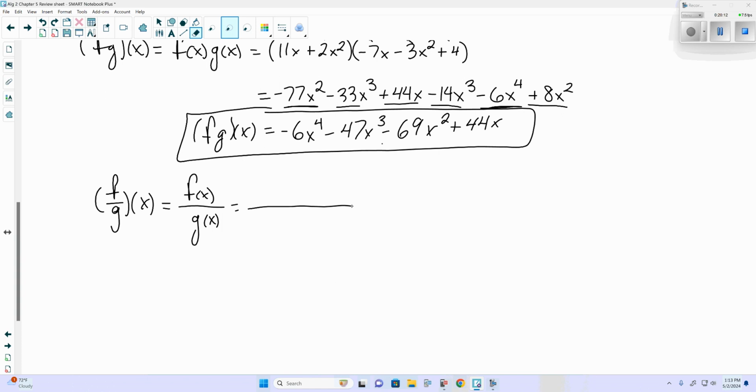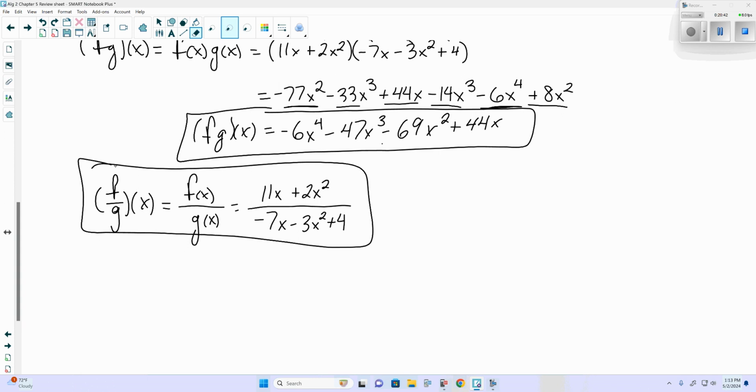And f of x for us is x plus 2x squared. And g of x is negative 7x minus 3x squared plus 4. So we plug those two in. Questions on this so far? That's it.